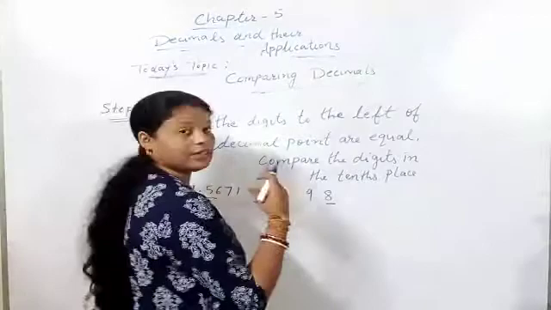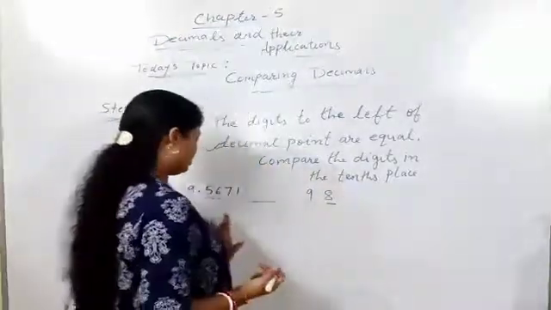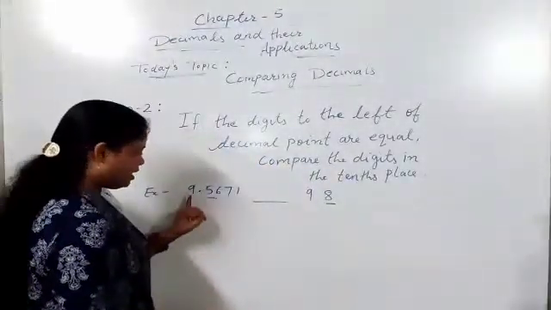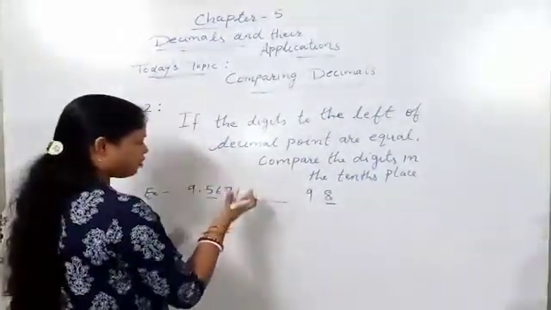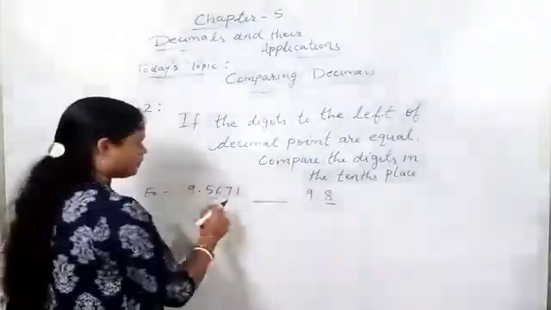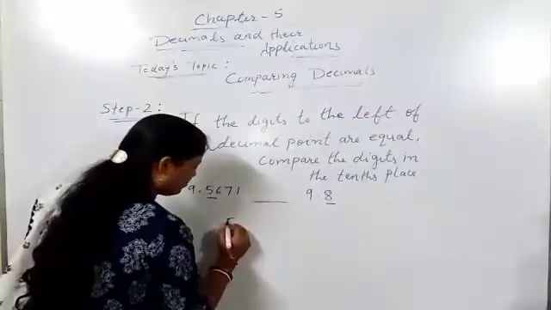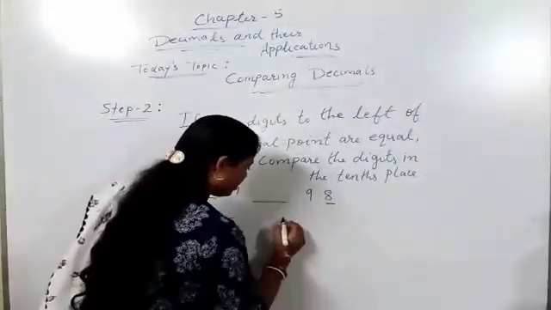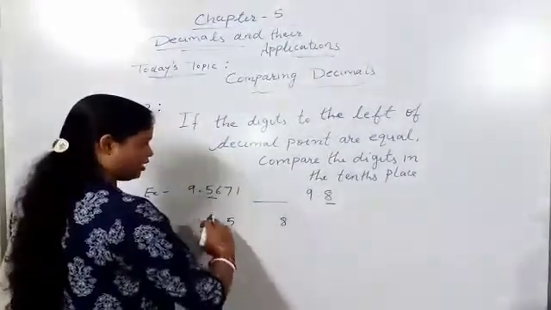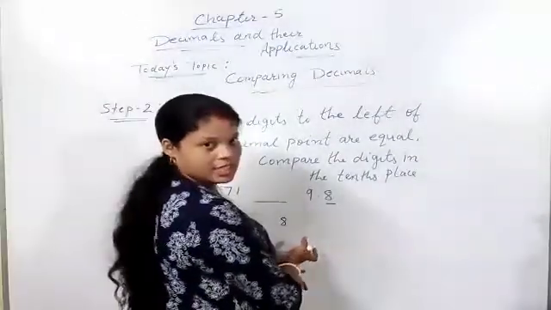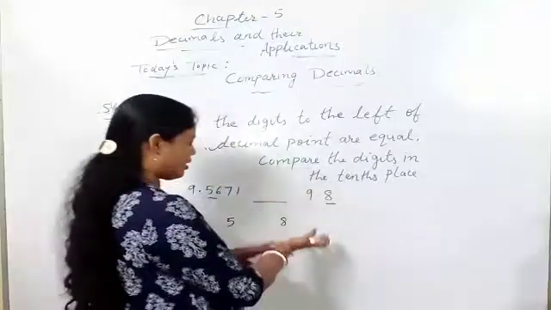We check 9, here also 9, both are equal. Now we move to the tenths place, that is here 5, and in this it is 8. Obviously 5 is smaller than 8, or 8 is greater than 5.